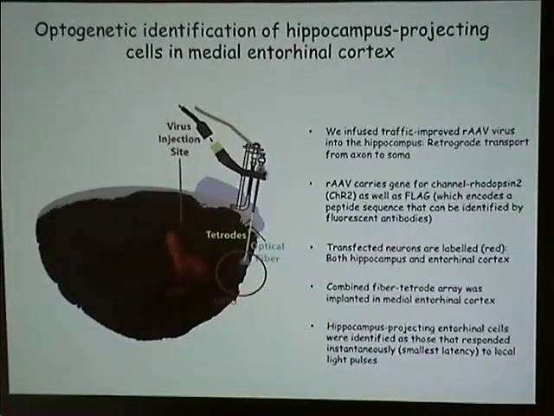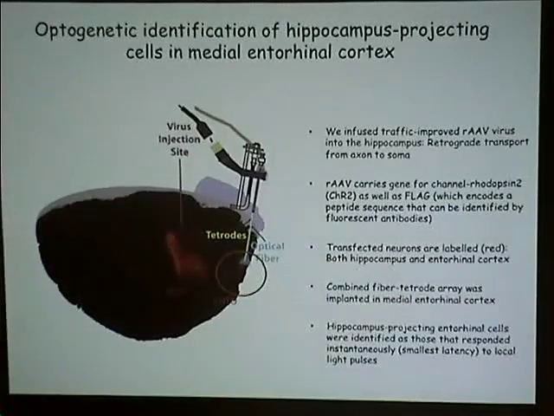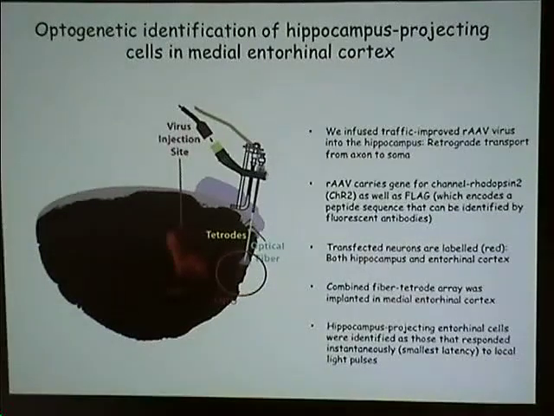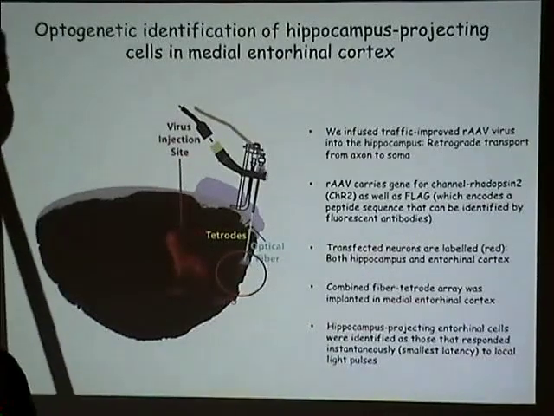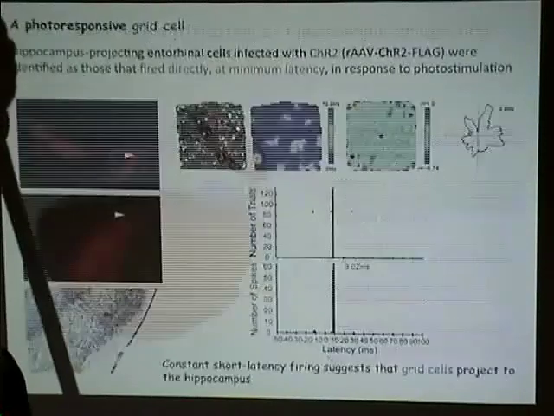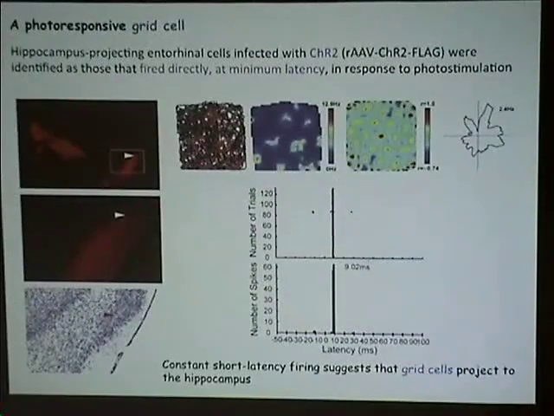And the idea is that those cells that express channelrhodopsin will then respond with minimal latencies each time there is a light pulse. So it's a way to identify the cells, and we can then ask, for example, whether grid cells are light responsive, in other words, project into the hippocampus. And yes, they do.